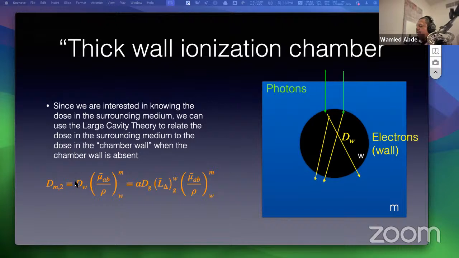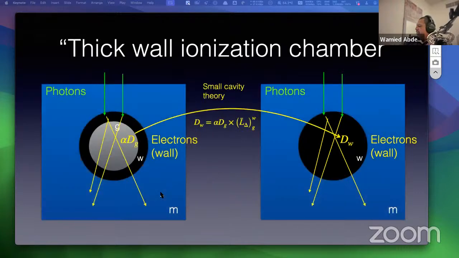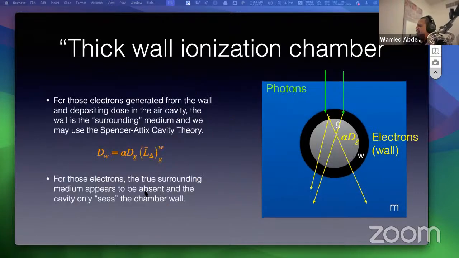But we know the dose in the wall. The dose in the wall is equal to the dose in the cavity multiplied by alpha, because that's the fraction of the dose in the cavity deposited by these electrons, multiplied by the Spencer-Attix cavity theory ratio.